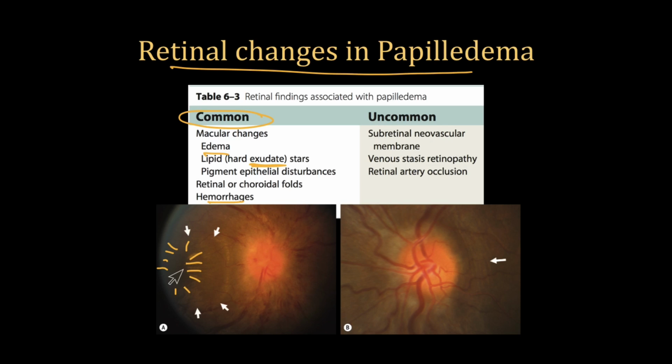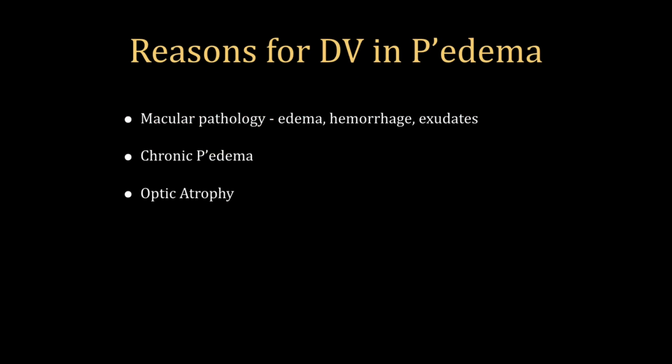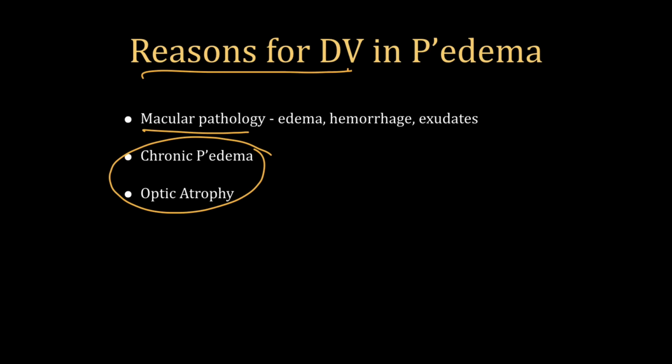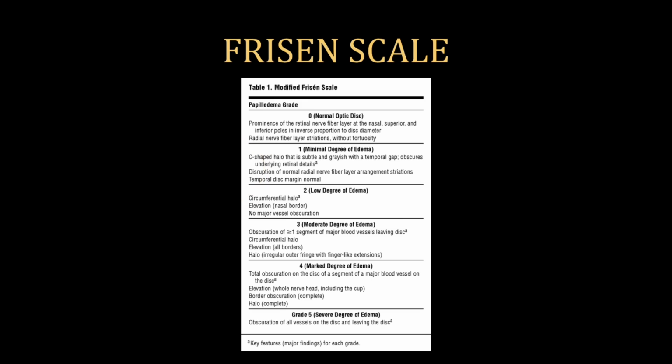Uncommonly, a subretinal neovascular membrane can also be a possibility. So, to go back and reflect, what can be the reasons for defective vision in papilledema? As I already told, chronic papilledema and optic atrophy are two important reasons why we have defective vision, and not just that, any macular pathology can also lead to defective vision in papilledema.